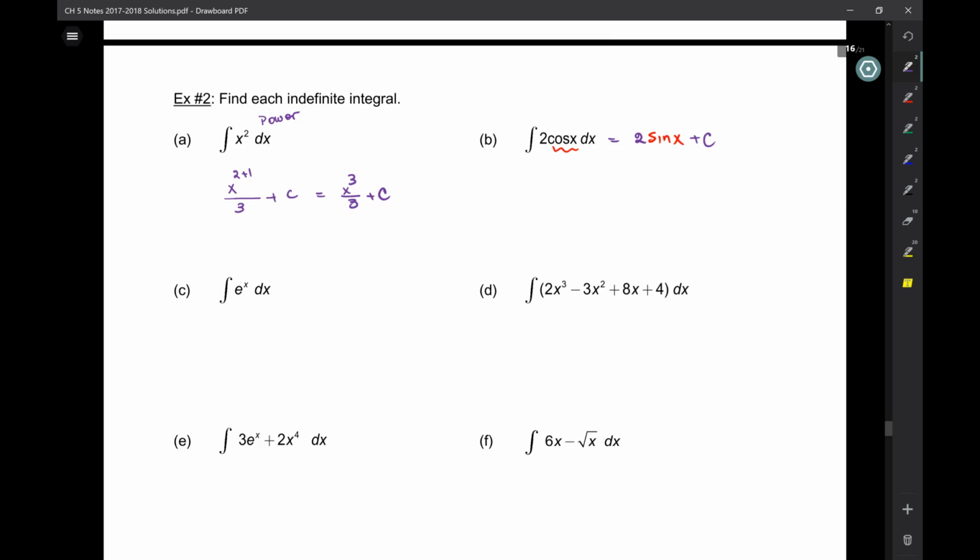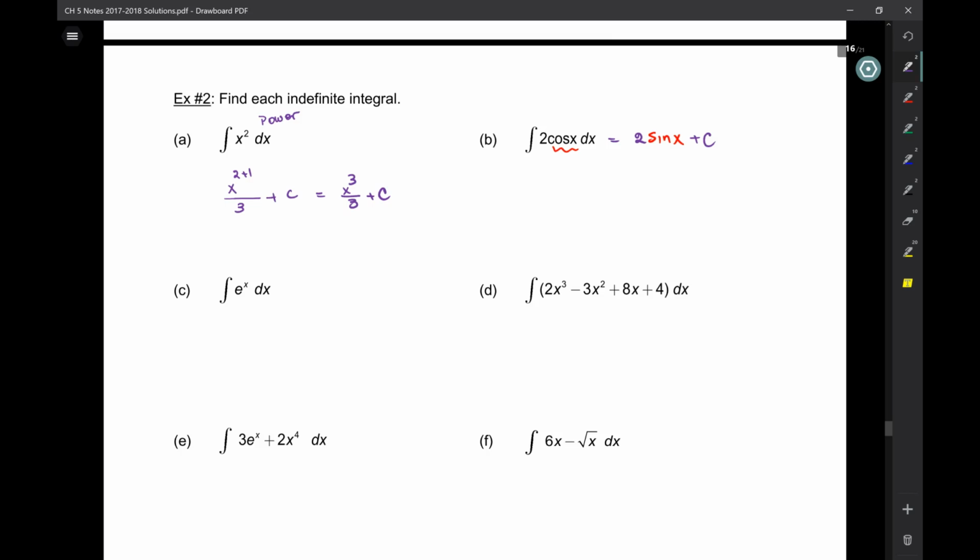How is the antiderivative the area under the curve? Because we're doing indefinite now. If we were doing definite, you could do that. Why isn't it a negative? Well, what's the derivative of sine? Cosine.